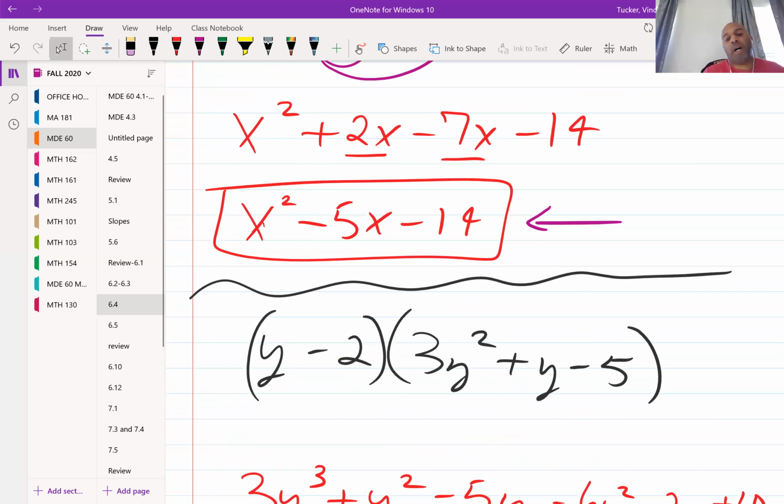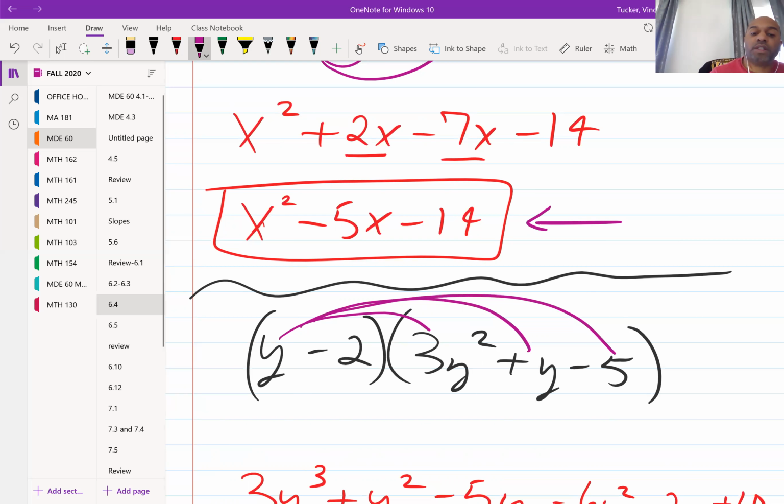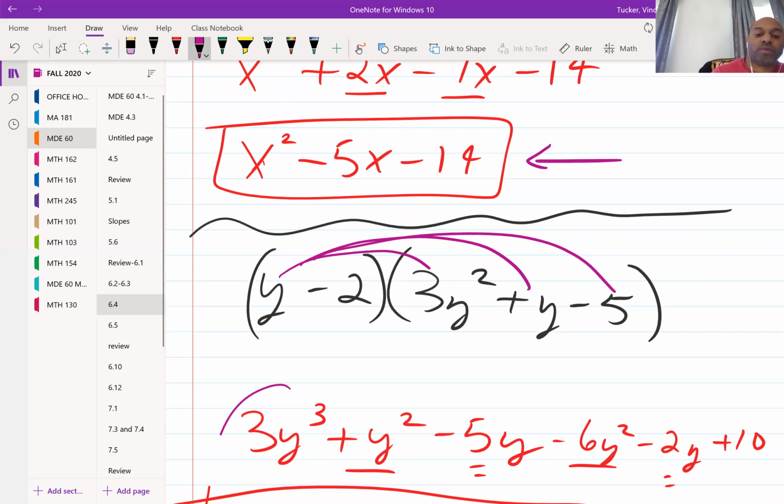All right, so here we have a binomial times a trinomial, but the thought process still holds true as to how we will handle the problem. We'll take each term in the first parentheses and multiply it by each term in the second parentheses. So I'm going to first take the y to each term. So y times 3y squared is 3y cubed. Y times y is y squared.